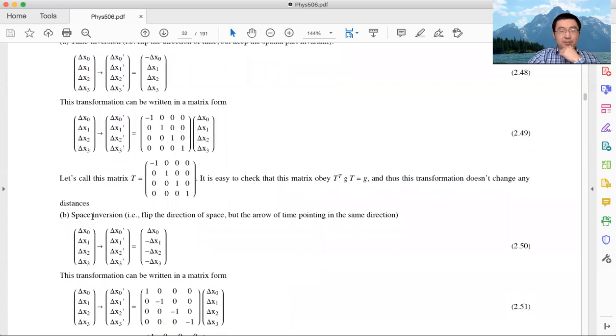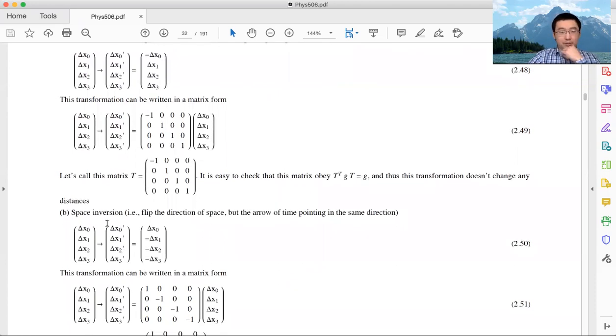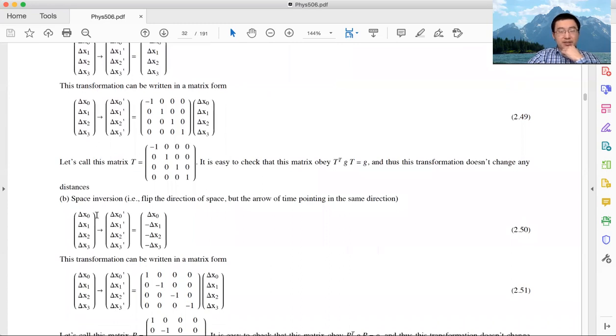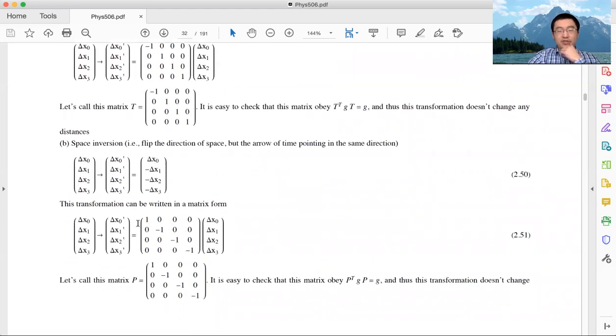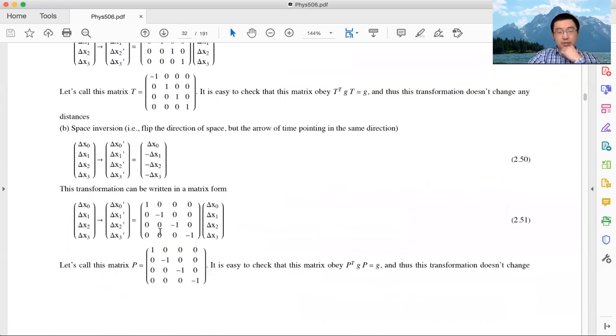The second one is the spatial invariant or space invariant, also called parity in particle physics. The time axis stays the same, but the XYZ components change sign. In this transformation matrix, the time dimension is +1, but the three spatial dimensions are -1s. This transformation is usually called P, which stands for parity.